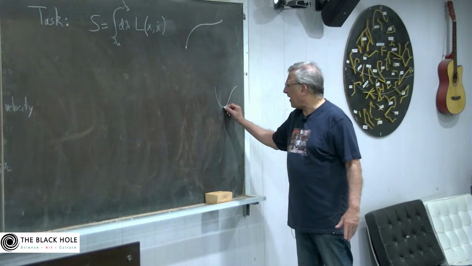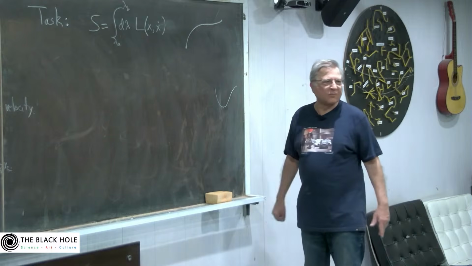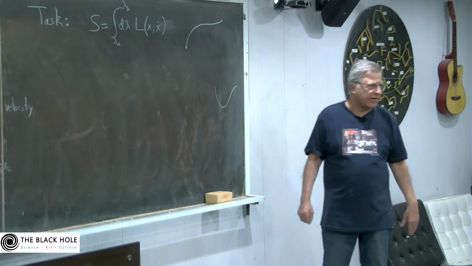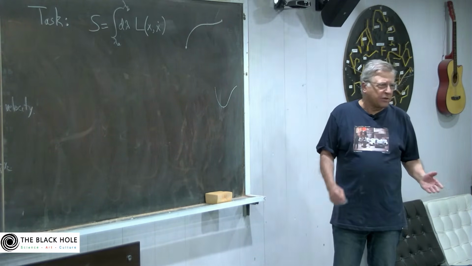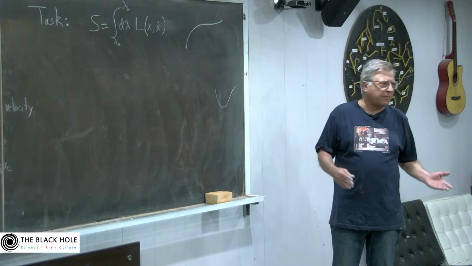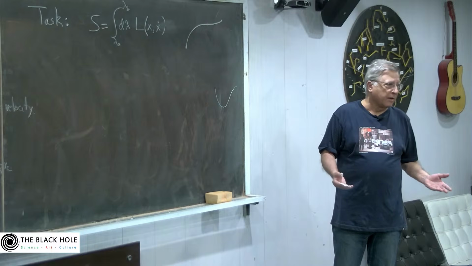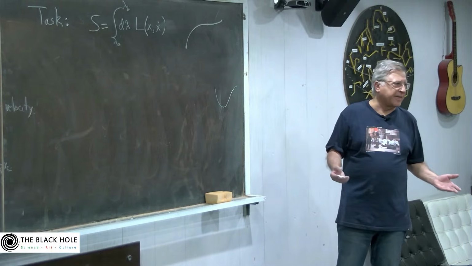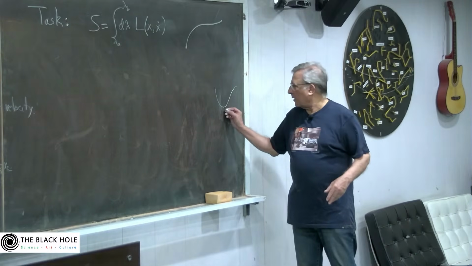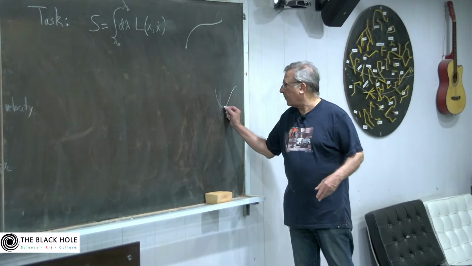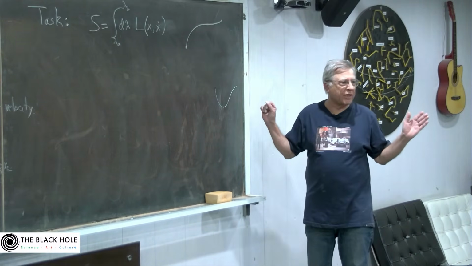Well, you say, aha, this is where the minimum is, just visually looking at it. What does that mean? You go a little bit to the left or a little bit to the right and the function does not change to first order. That's what the derivative means. Go a little bit here, a little bit there, no change.